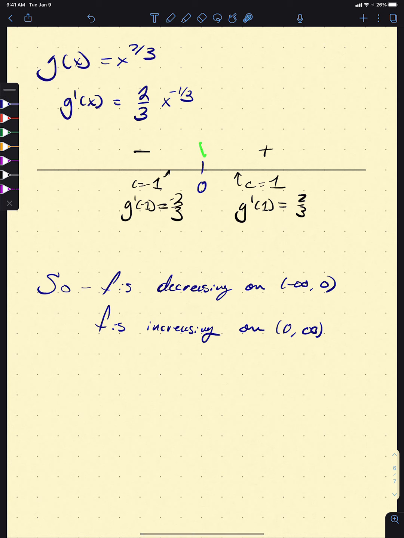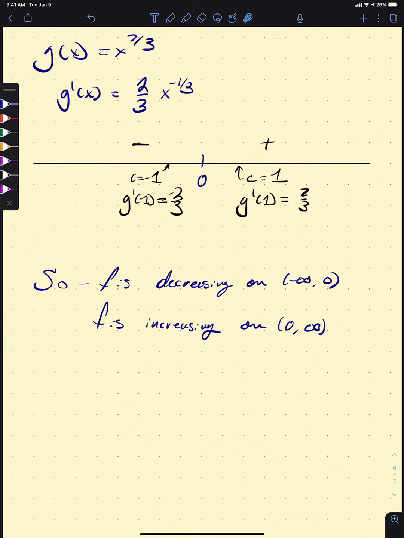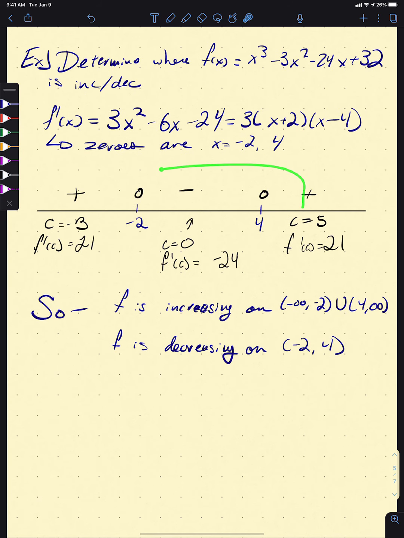And our function is not defined at x equals 0, okay? So when our function is continuous everywhere but a point, we can still use this same logic that we used here in order to find our values on these intervals, okay?